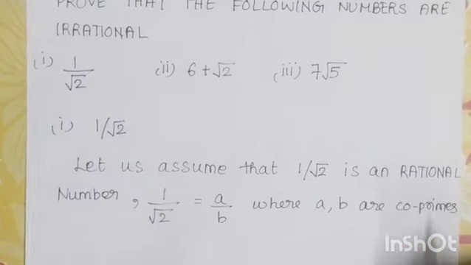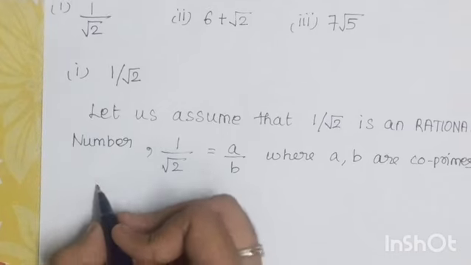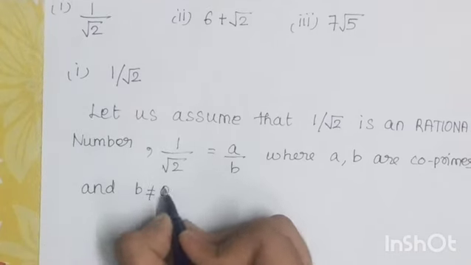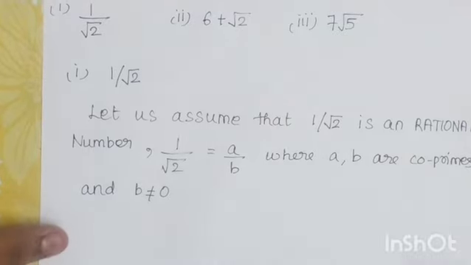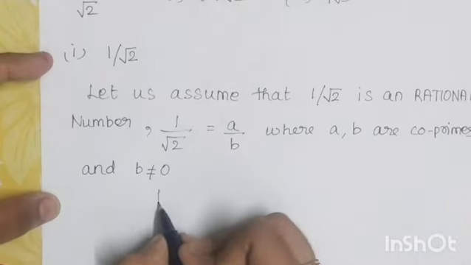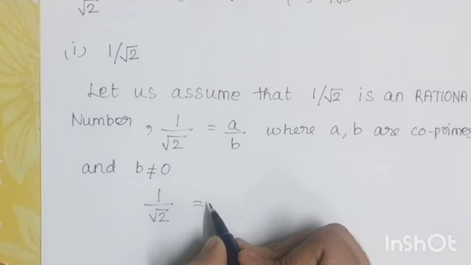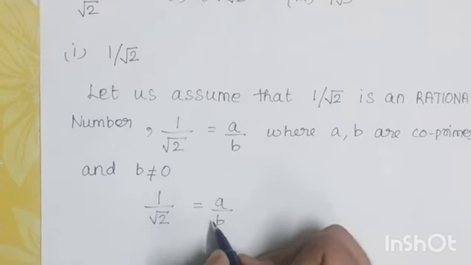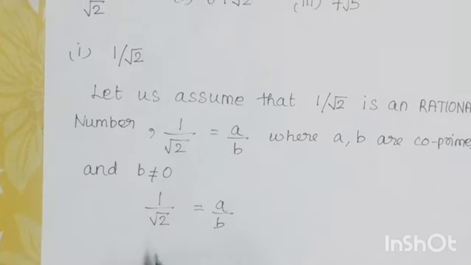Co-primes are numbers which have only 1 as their common factor. And b is not equal to 0, that is, the denominator must not be equal to 0. Now I'm going to take the reciprocal of 1 by root 2.